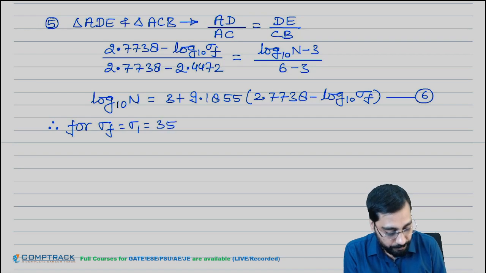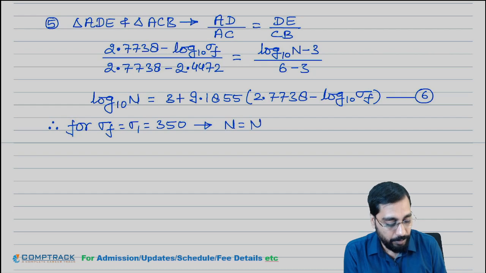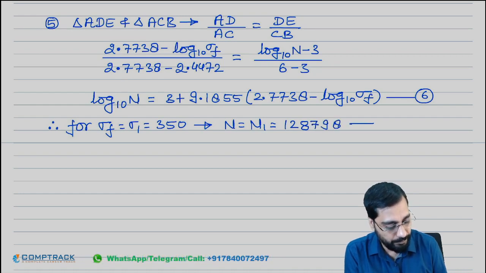Put 350, you will get n1 equal to 128,798. This will be the value.